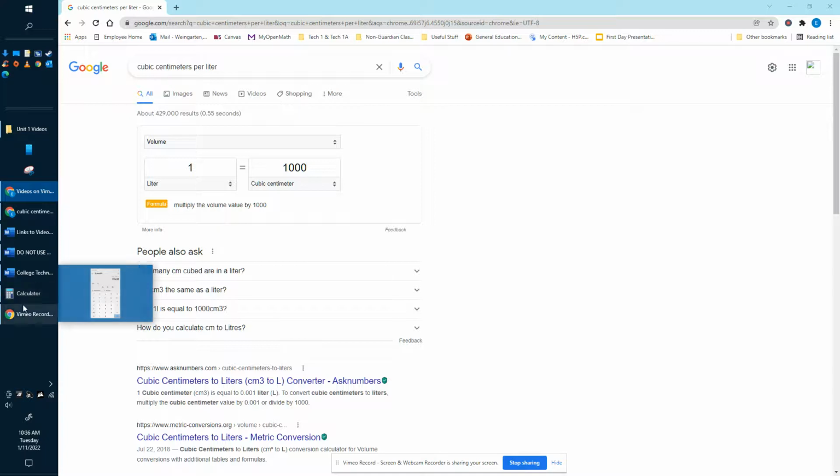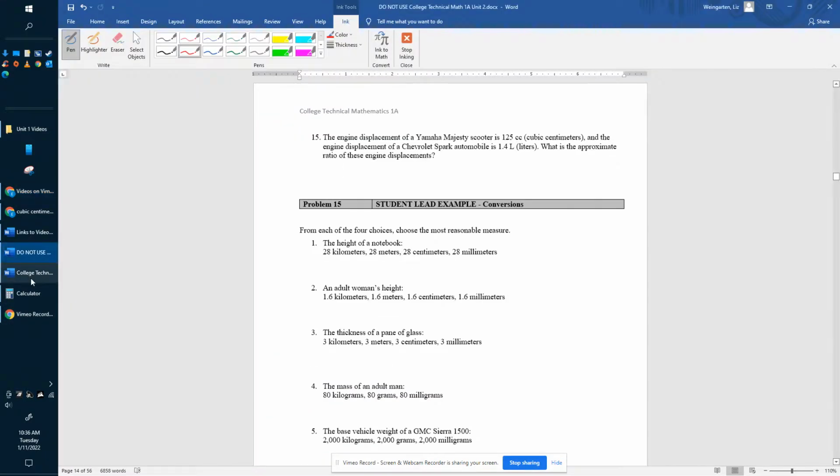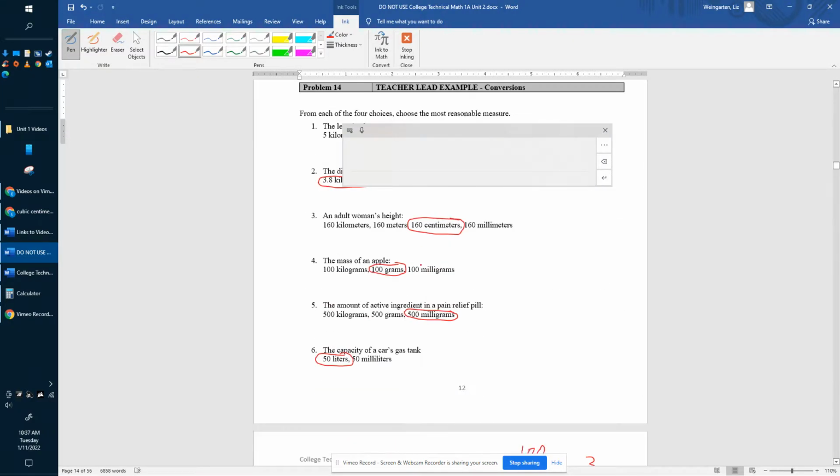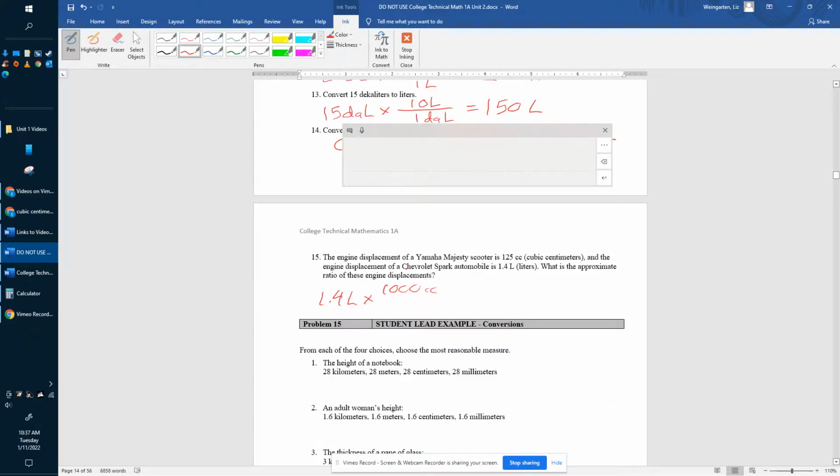So 1.4 liters times 1,000 cubic centimeters per 1 liter.